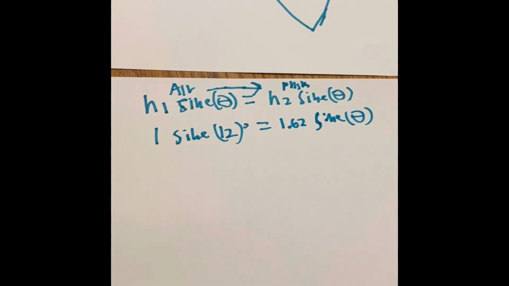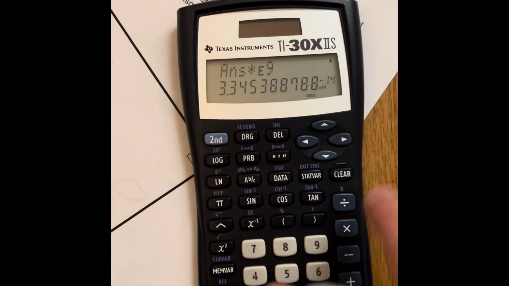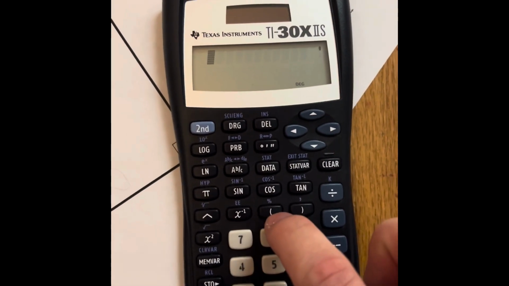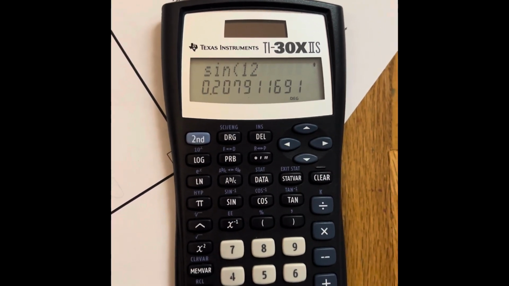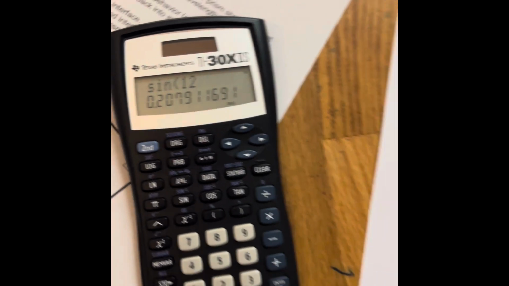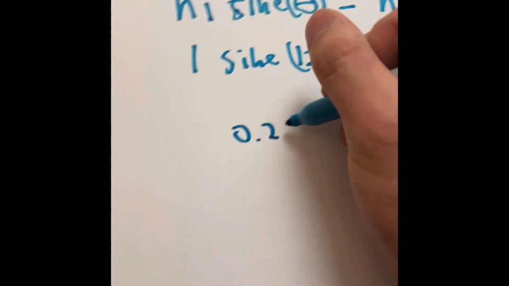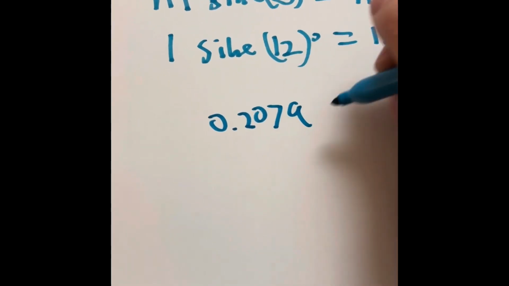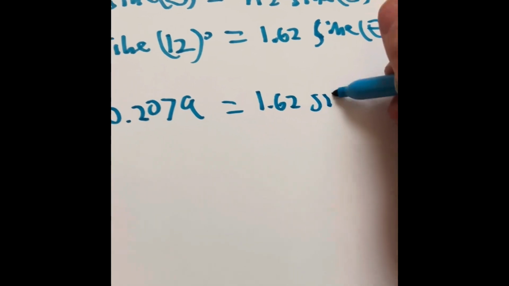Find the sine of 12. On the calculator, we hit reset, and the sine of 12 should equal 0.2079. Times 1 is pretty much the same thing. And that's going to equal 1.62 sine of theta.